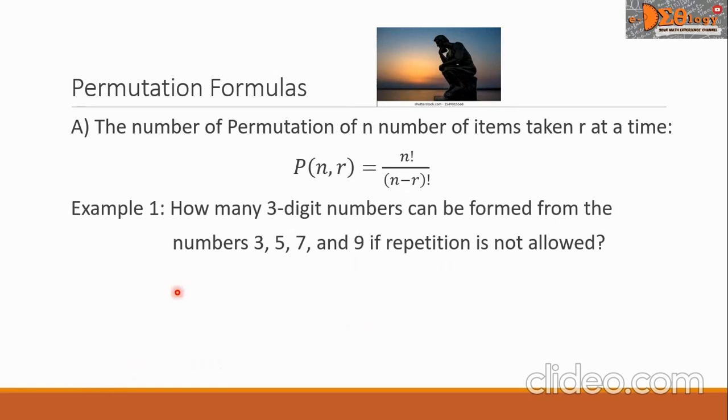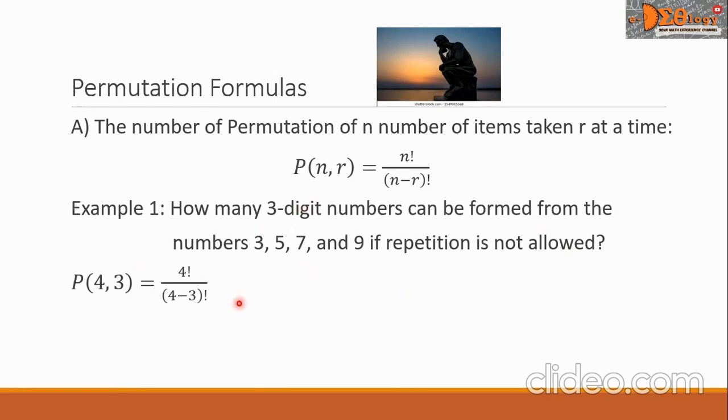Let us have example 1. How many 3-digit numbers can be formed from the numbers 3, 5, 7, and 9 if repetition is not allowed? Remember, this problem was solved in our previous topic on multiplication principle.